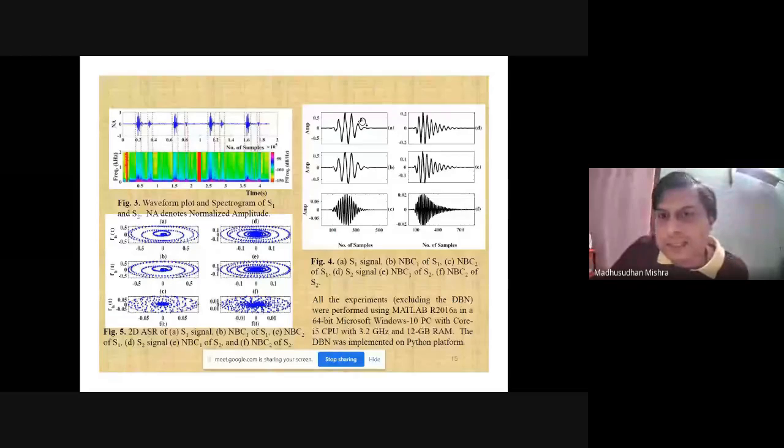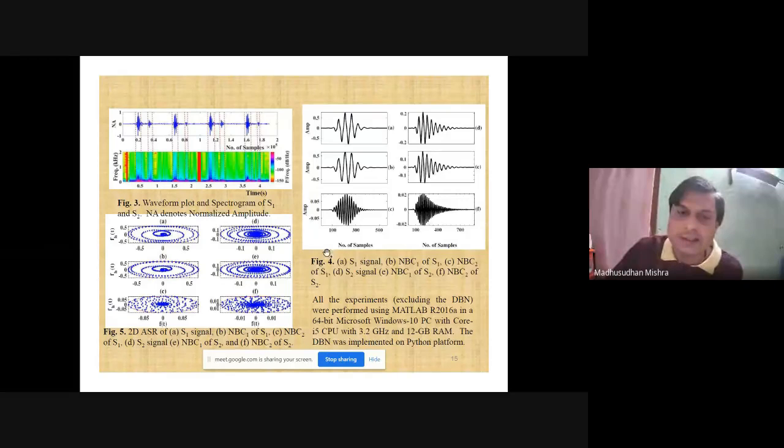And then this is the S1 signal, decomposed into two modes using variational mode decomposition. The first mode is the slow varying mode, and the second one is the fast varying mode. Similarly, this is the S2 signal and these are its corresponding modes. Then we have calculated the analytical signal representation, where we have phase and magnitude.